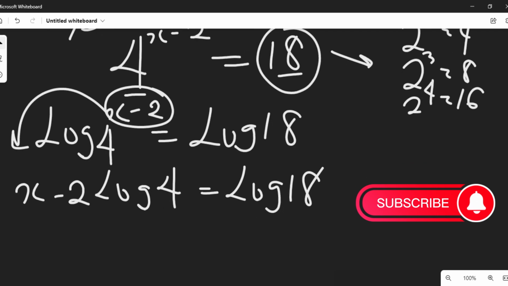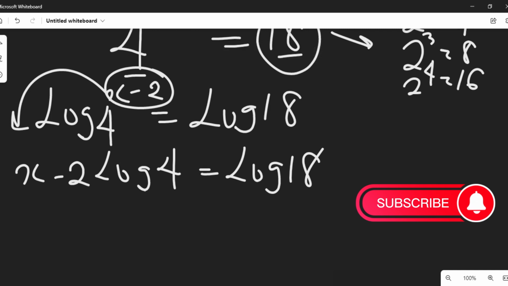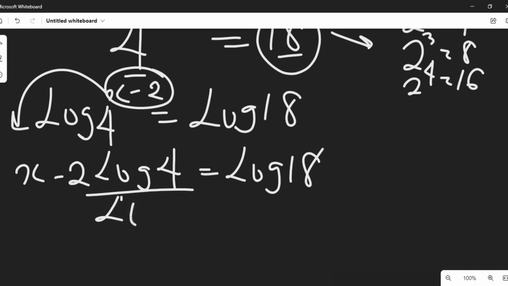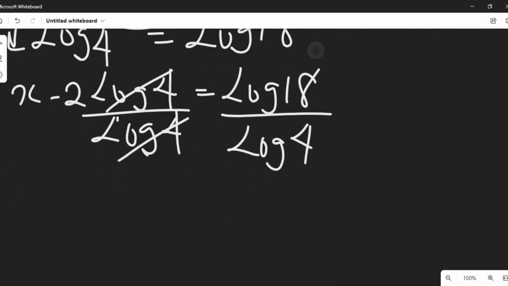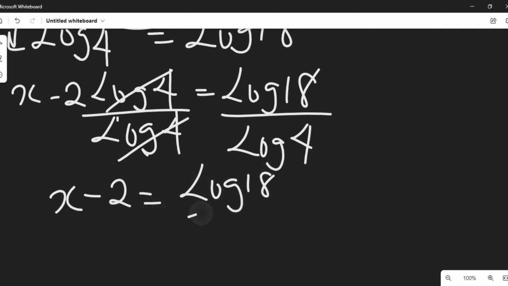If we divide both sides by log of 4, that's what we need to do in order to find the value of x. We divide here by log of 4, and then this will go. We'll finally have x - 2 equal to log of 18 over log of 4.